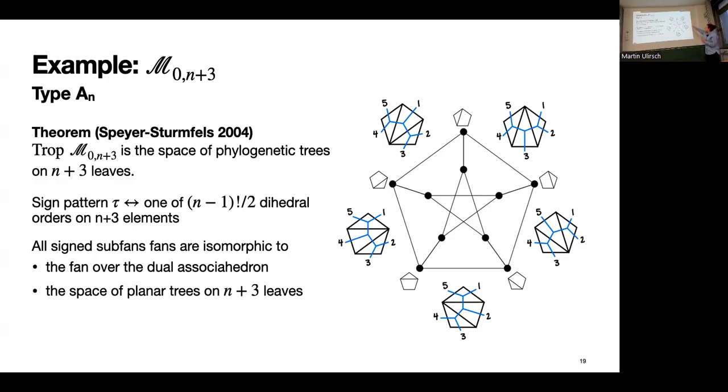And the trees on each of these edges are the planar ones in some order. So I've made an arbitrary choice that I'll choose the order 1, 2, 3, 4, 5 to be positive. And then the other 11 sign patterns give you also a 5-cycle.